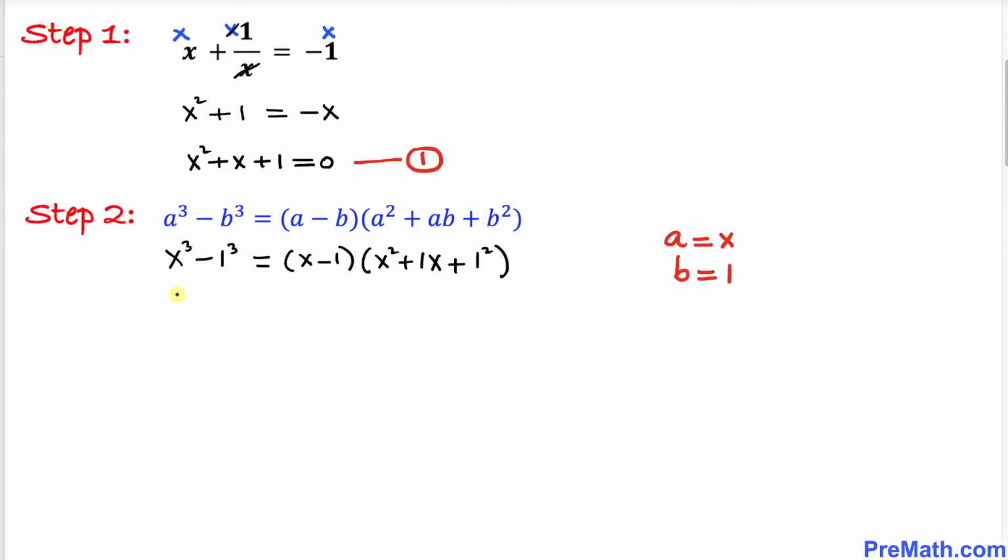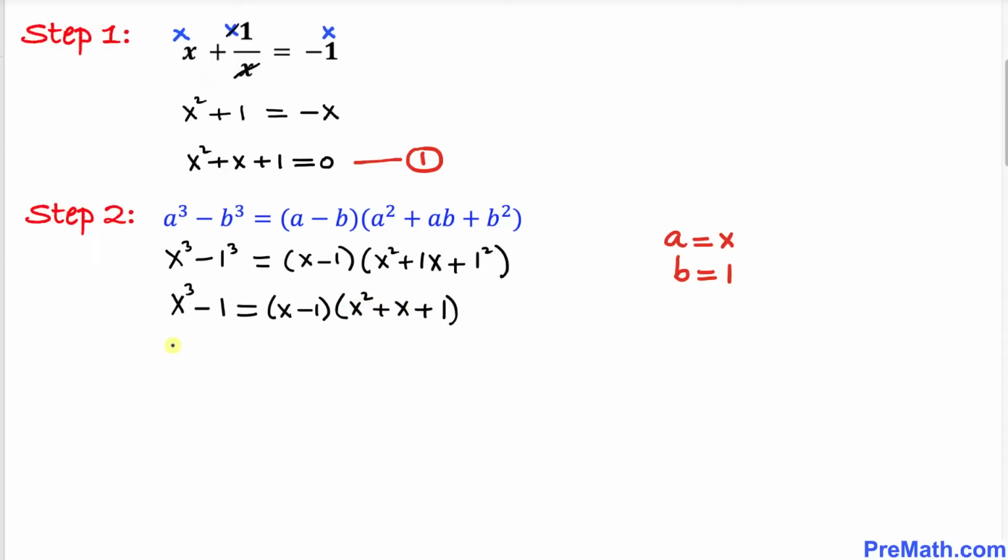So let's go ahead and simplify this one. x to the power 3 minus 1 cubed, which is the same as 1, equals x minus 1 times x squared plus x, and plus 1 squared is the same as 1. And now we can see that this factor x squared plus x plus 1 is equal to 0 in our equation 1. So I am going to replace this by 0.